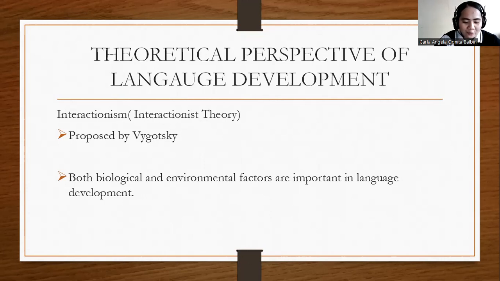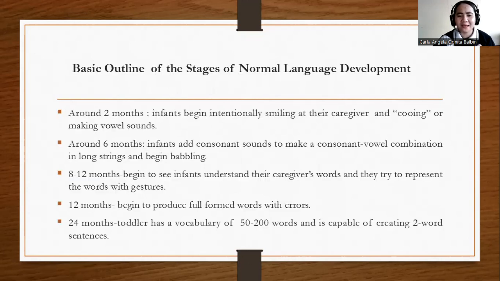Meaning to say, the environment that you grow up in will heavily affect how well and how quickly you learn to talk. So that's actually the theory of Vygotsky, interactionism or the interactionist theory. So let's now move on to the next one. Okay, the basic outline of the stages of normal language development will be discussed by Mom Sherilyn.